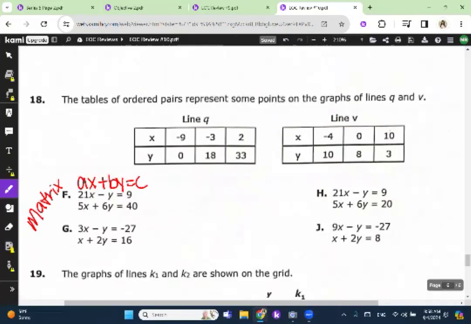Jose and Caleb, y'all do line Q. Eric, your row, line V. Alexander, your row, answer choice F. Gio, Ivan, answer choice G. Clavel, you're on your own. H. And Angela, your row, J. All right. Teamwork.